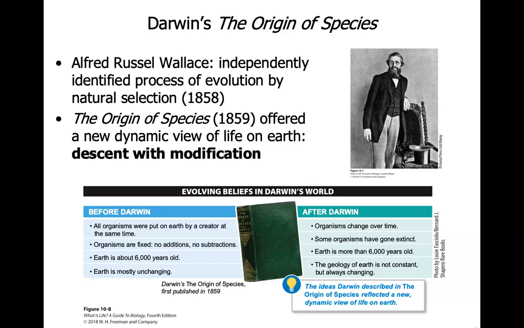So on the bottom here, we have a summary of before Darwin and after Darwin. So after Darwin, the ideas related to evolution were that organisms do change over time. Some of them have gone extinct. The earth has to be older than the Bible suggests, and the geology of the earth is always changing. Now, this led him to his mechanism for the process of evolution, which is natural selection.